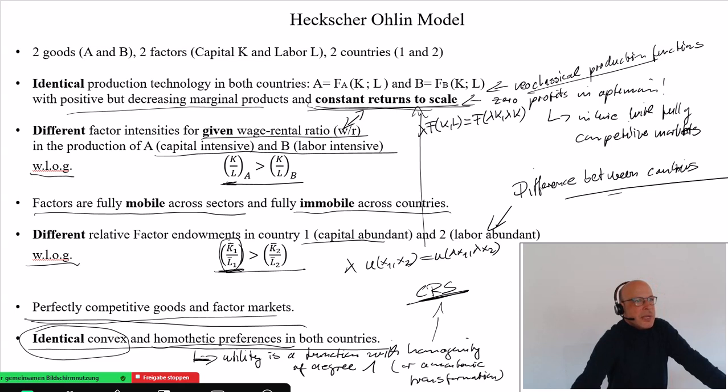At first, we are deriving, as we have done in the other models, the situation under autarky. This is more or less just a general equilibrium analysis, and because of that I recommended that you have a look into your micro slides, because this is just a repetition of what you have done in microeconomics.